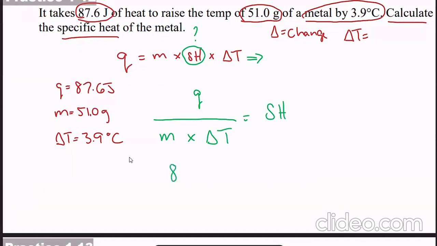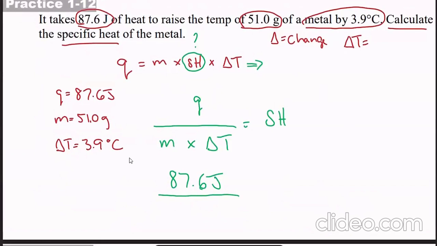I got 87.6 joules divided by mass, 51.0 grams, divided by 3.9 degrees Celsius. I know I wrote times there, but I said divided by.